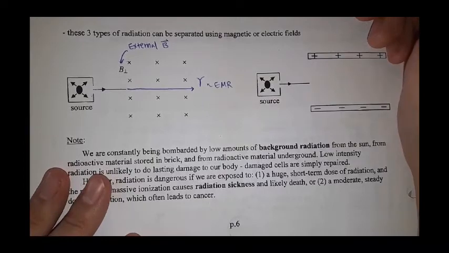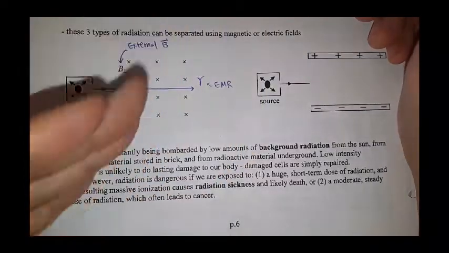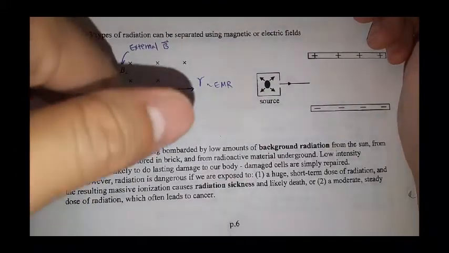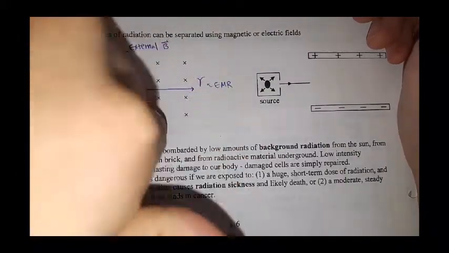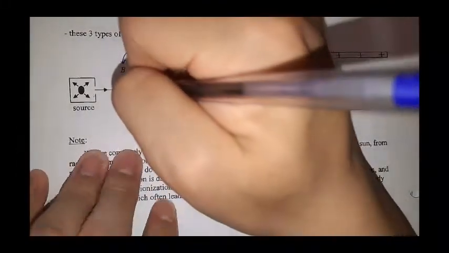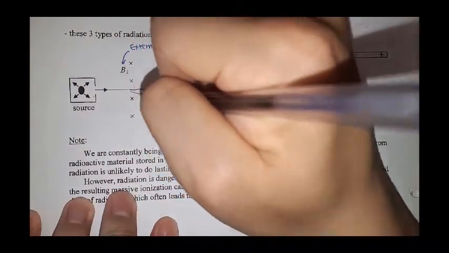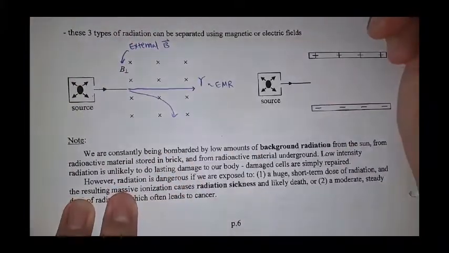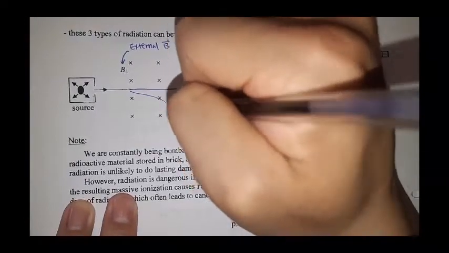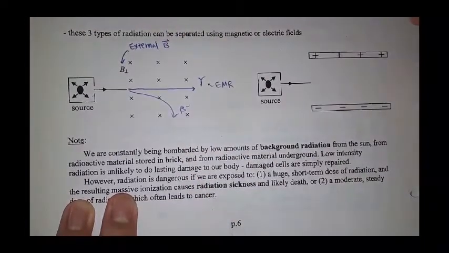Now, however, if it's a beta negative particle, then I should use my left hand rule. Four fingers are going directly into the page, my thumb is going that way, my palm is going down. So basically you know that there will be circular motion that goes like this, and that's my beta negative particle.